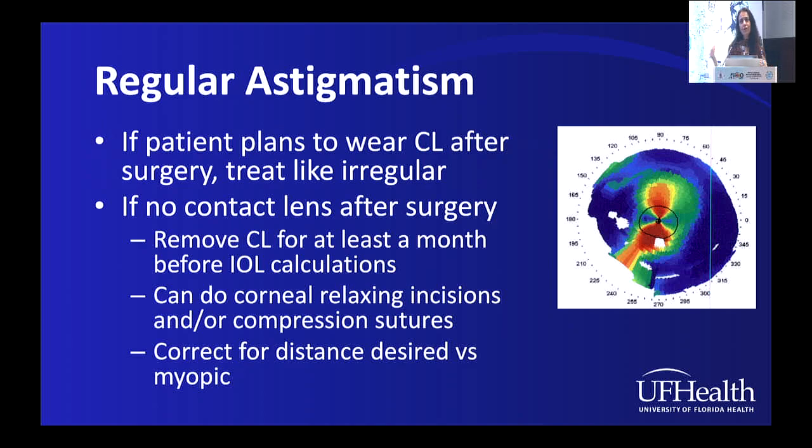And then, do you correct them for distance versus a little bit of myopia? I still try to adjust them for a little bit of myopia. I tell them the advantages of being able to see near, and a lot of people who've had PKs for keratoconus, for example, several years ago, they know what it's like to have myopia and not have that. And they are often not very unhappy about having near vision.